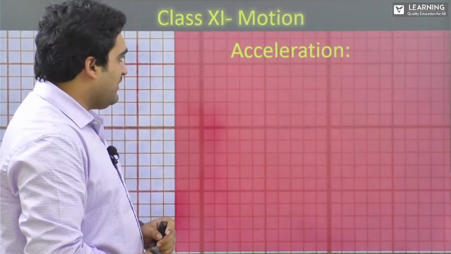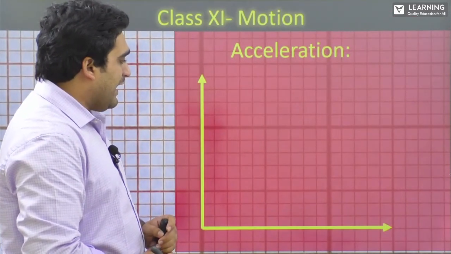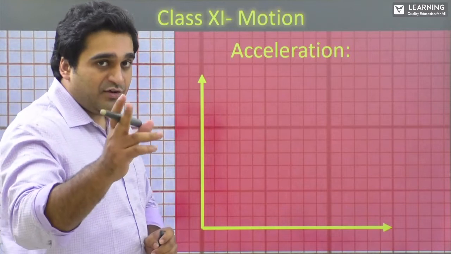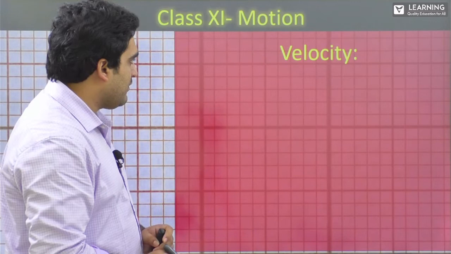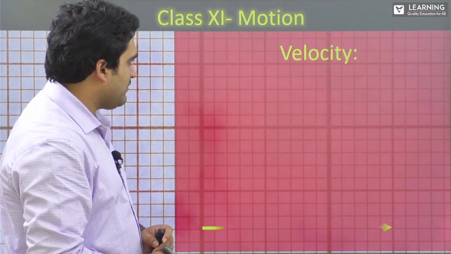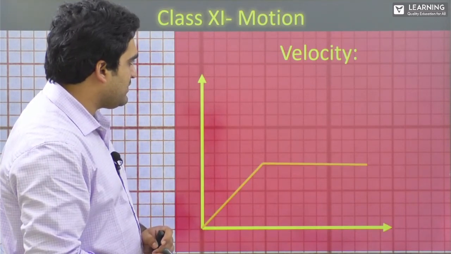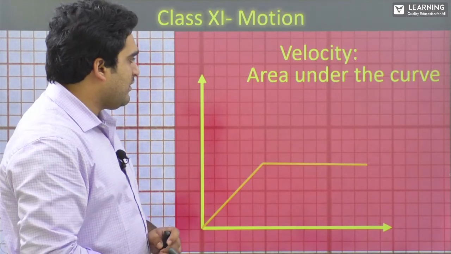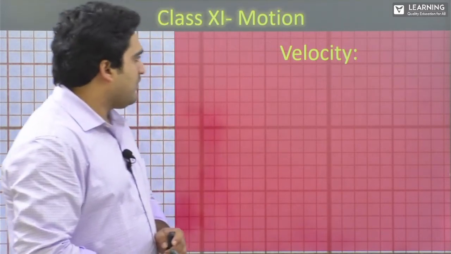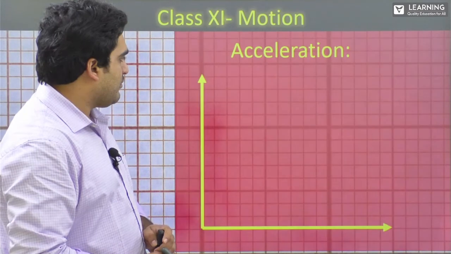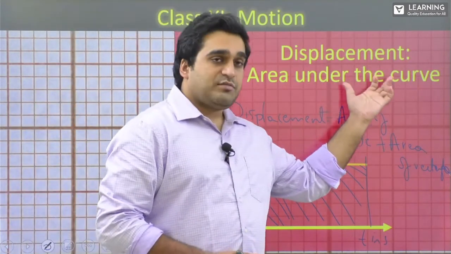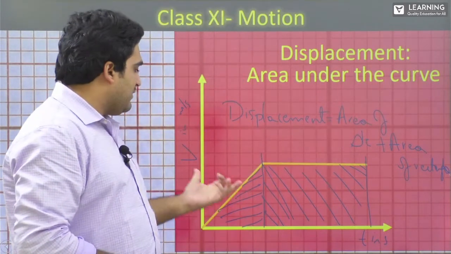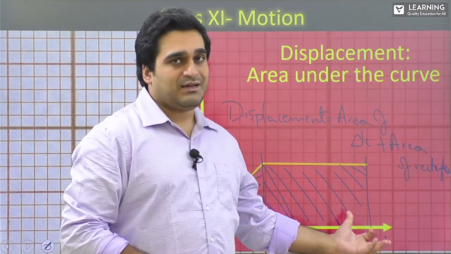Now, similarly, to find acceleration, try to recollect, you determine it by slope. Okay. One second. Velocity again. Wait a second, what's happening? All right. So displacement is determined by the area under the curve for a velocity time graph.